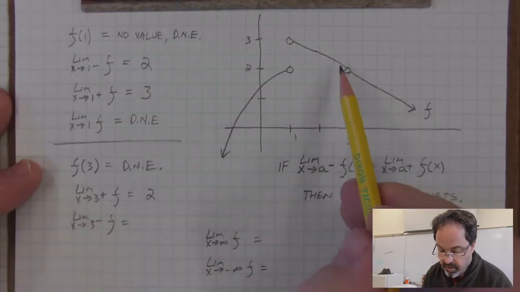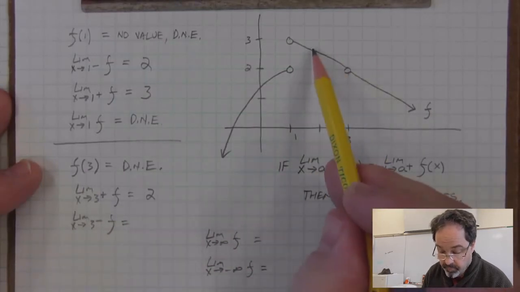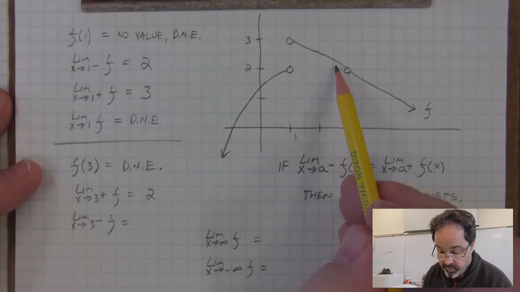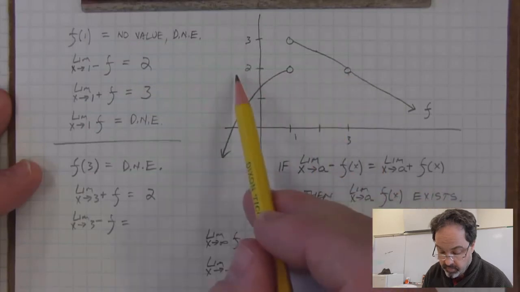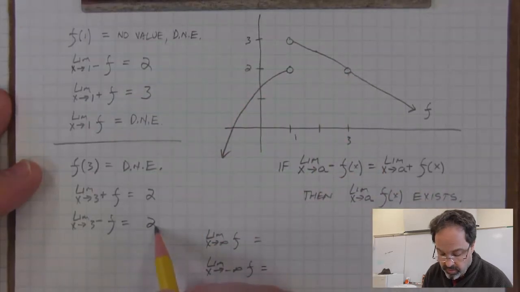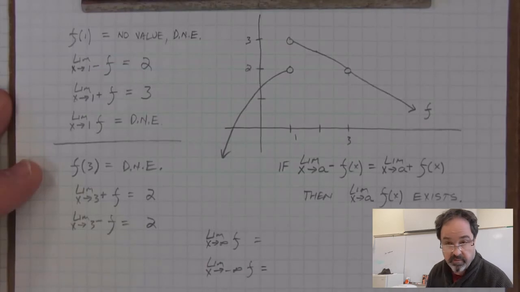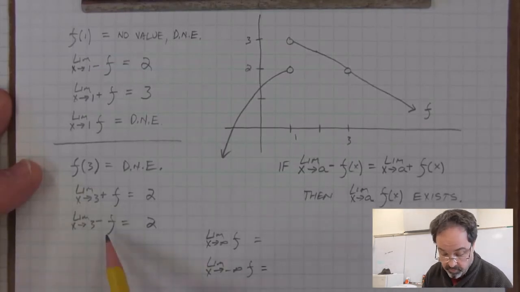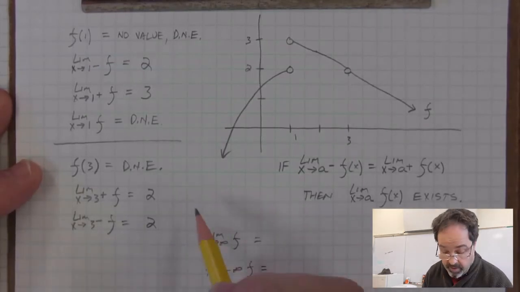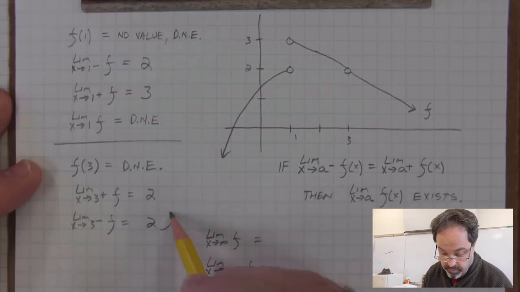The limit of the function as we approach 3 from the left, if we follow this trend, we think that we're going to end up at a height of 2. The one-sided limits exist at 3. They're both 2, and they're equal.